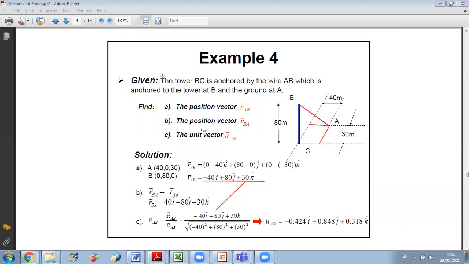Look, it's clear that A is in this plane. If you follow the dashed line, it will be in this plane. And this plane is plane XZ. Any point in this plane will have y equal to 0. Okay?